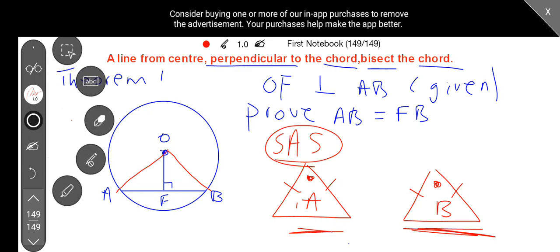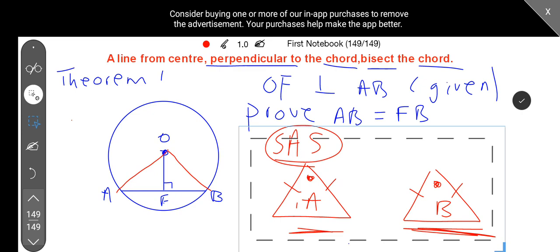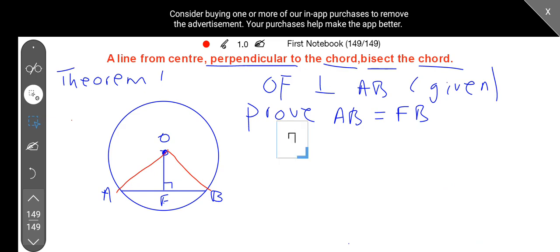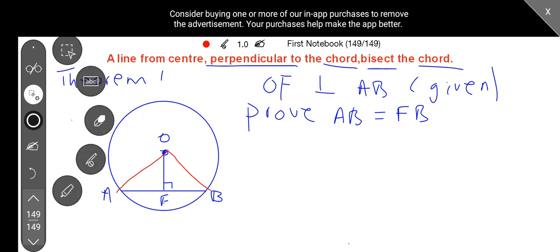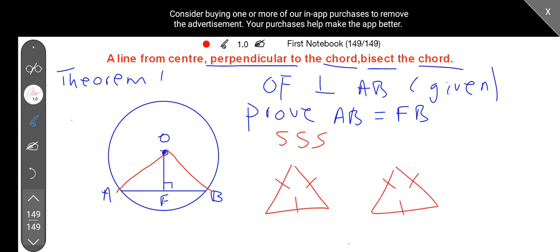So now let's look at the second condition. We said the first one was side, angle, side, right? So the other one will be side, side, side. You know these things, guys. It's just a recap. Side, side, side means that three sides of this triangle are the same as three sides of the other triangle.